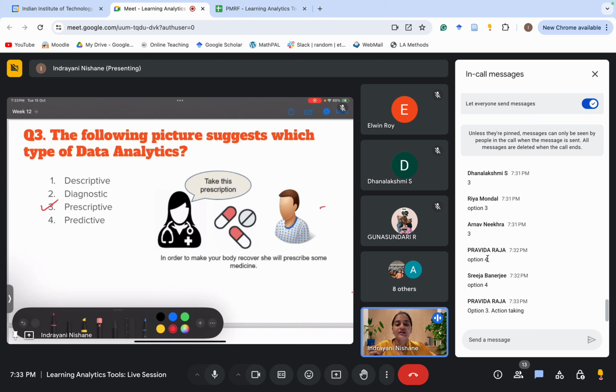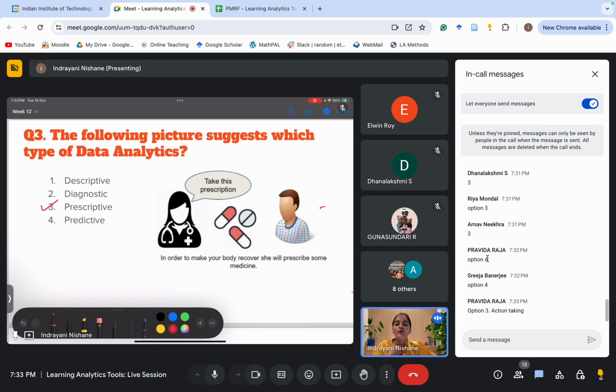They are not predicting that you have a stomach ache, you have stomach flu, you are vomiting also, so that means you may have food poisoning. That conversation is not happening here. What is happening is the doctor is handing over the prescription to the patient. Now we will map it to our learning environment.